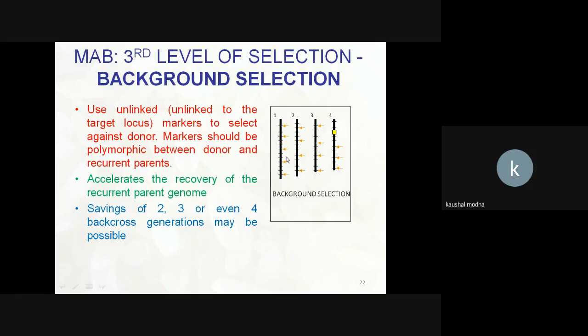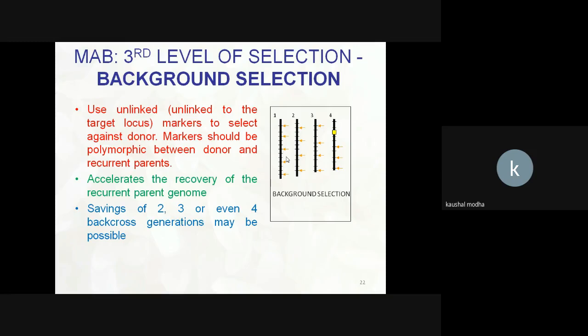And by general agreement, minimum 5 markers should be chosen from each chromosome. So if we talk about rice, there are 12 chromosomes in haploid constitution. So 5 markers per chromosome, it means 12 multiplied by 5. We need at least 60 markers for background selection.